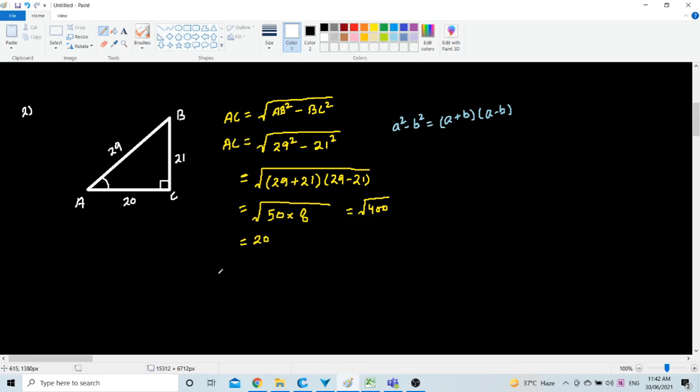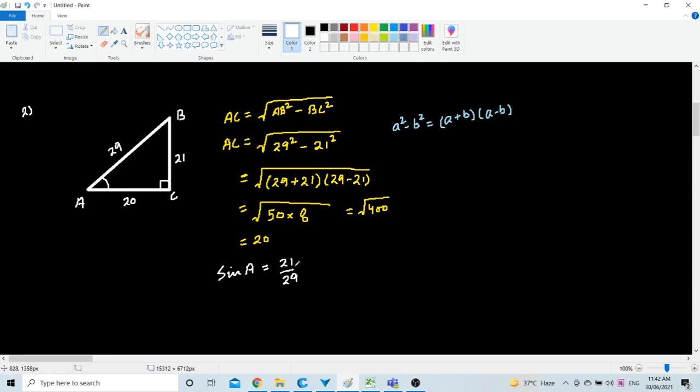Now if we have to find out sine A, that's why I've instructed you to rotate the figure so that you can get the correct values now, right? It is perpendicular upon hypotenuse, that is 21 upon 29.